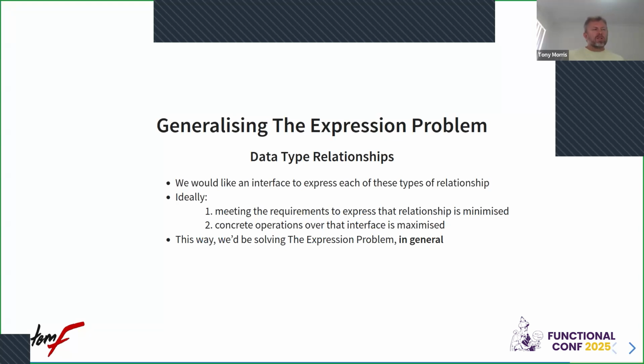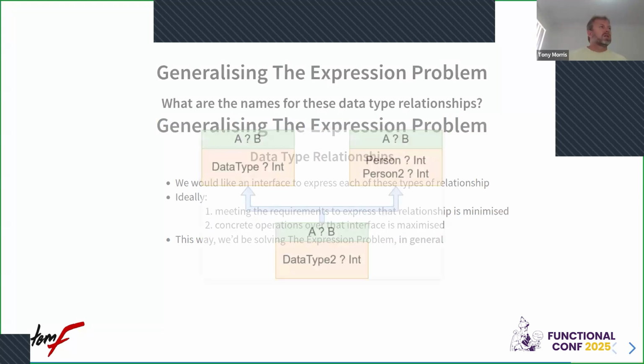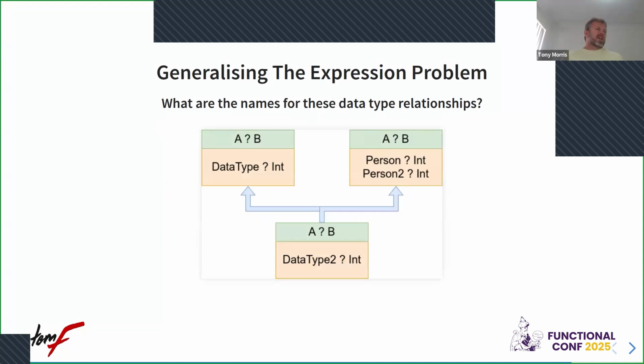But if we can do that, if we can meet these meanings for the expression problem, then we have solved it in the general case. We have solved it not just for cases, but also for fields, and we solved it for other possible relationships. So what is the name of these relationships?